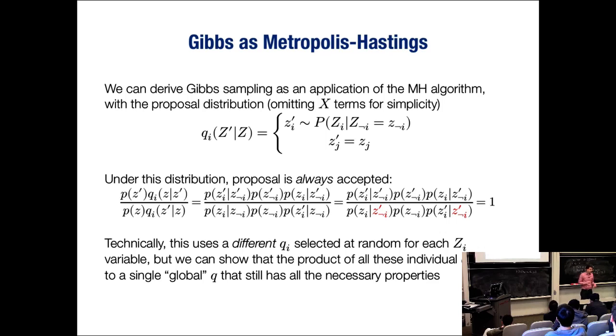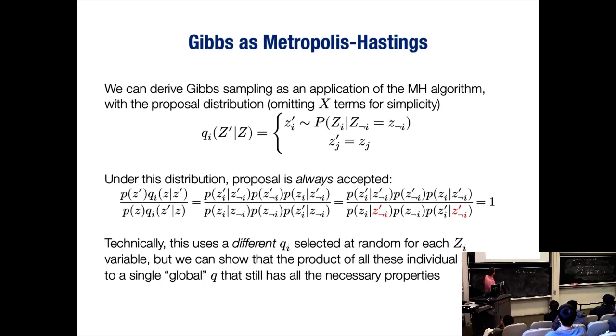This is actually very easy to show. This is the proof right there. I won't go into it too much. All you basically do is write these things in terms of their definition in the graphical model itself. Again, I apologize for the notation here.